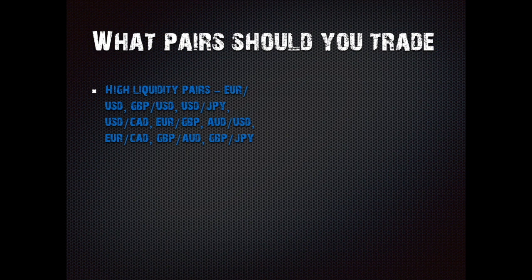These pairs also are important because they're typically the ones that have the lowest spread on any broker. These are the most popular pairs, so they obviously have a lot of liquidity, and since they are the most popular pairs, they have very low spreads. So that's why I choose these, and I like to trade them.